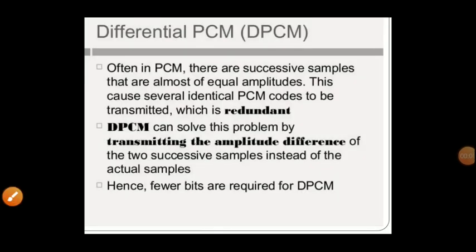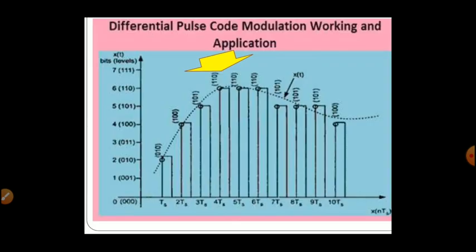Differential pulse code modulation (DPCM) can solve the problem by transmitting the amplitude difference of the two successive samples instead of the actual samples. The figure shows differential pulse code modulation working and application.